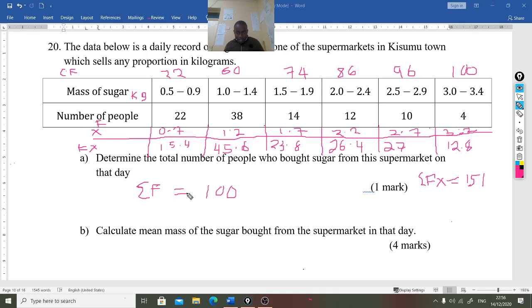And now we calculate the mean. We know that the mean, x bar, equals summation of fx over summation of f.